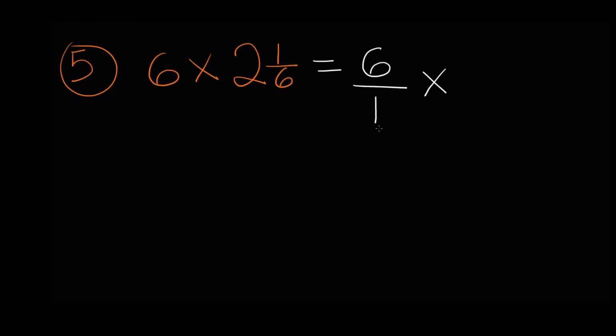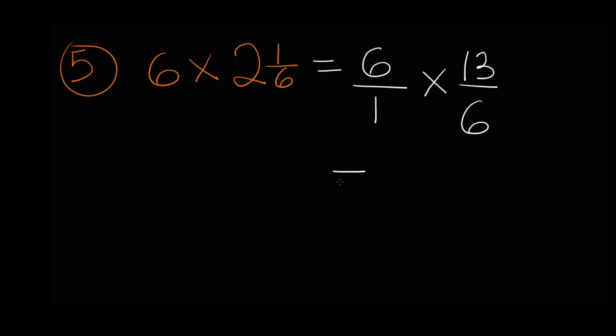Times, this is 2 whole number 1 over 6. This is a mixed fraction, which we have dealt with in one of our videos. Let us convert this to an improper fraction. 2 times 6 is 12, plus 1 is 13. 13 over 6.